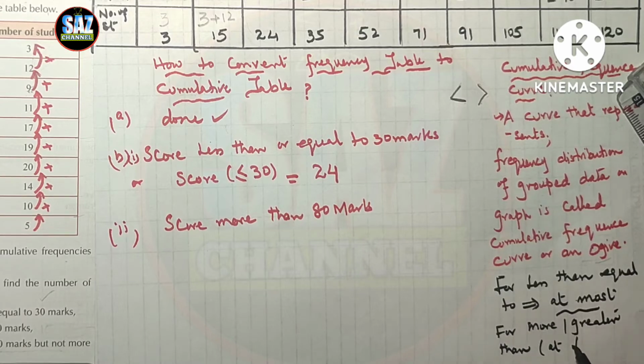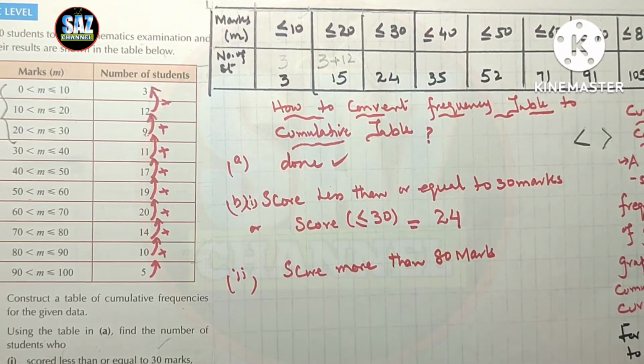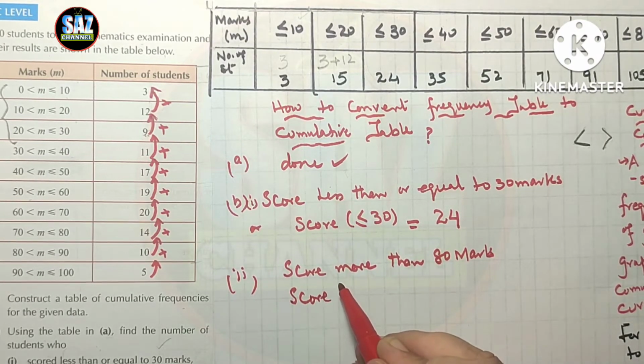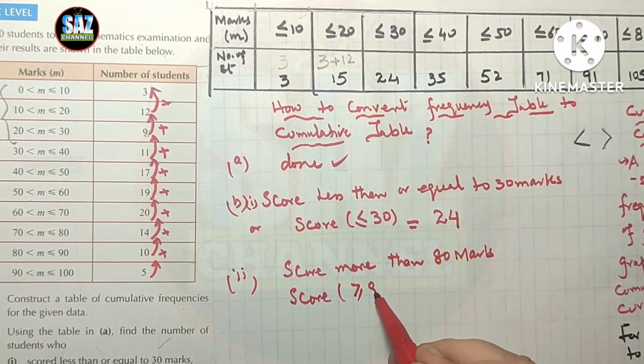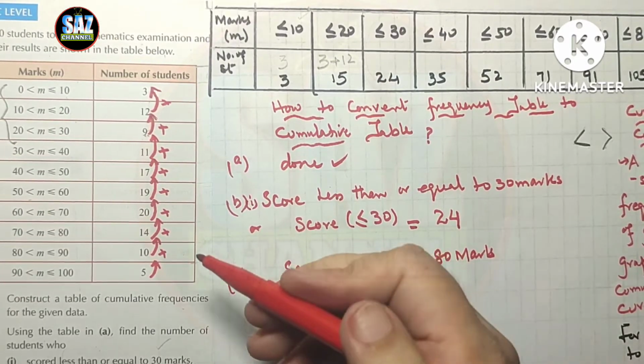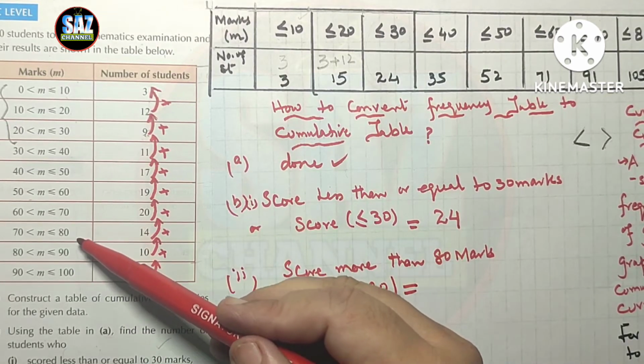At least. So try to understand the question, that we need the score which is greater than equal to 80. Now look, one of the ways of understanding is that we need the score which is greater than equal to 80.